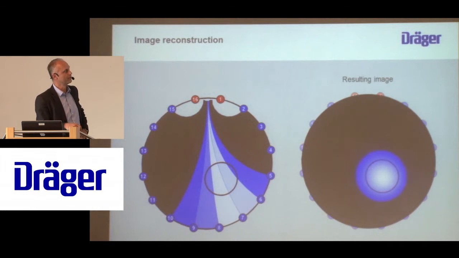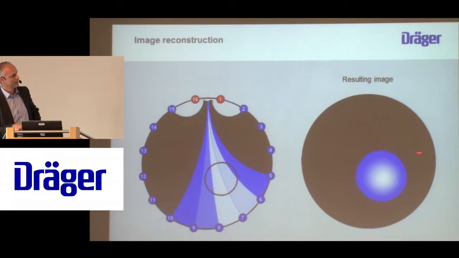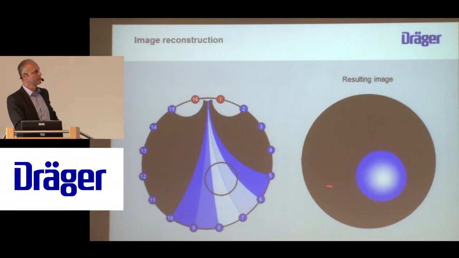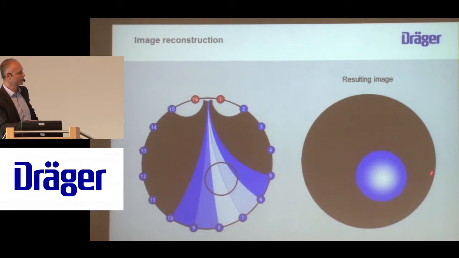And if you do some filtering, you are getting a somehow blurred image. So it's not as precise, as I mentioned before, like a CT scan, but it definitely shows you the region of increased impedance or increased lung volume at the right spot.